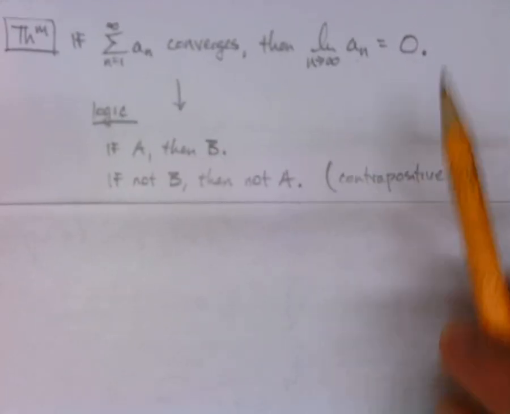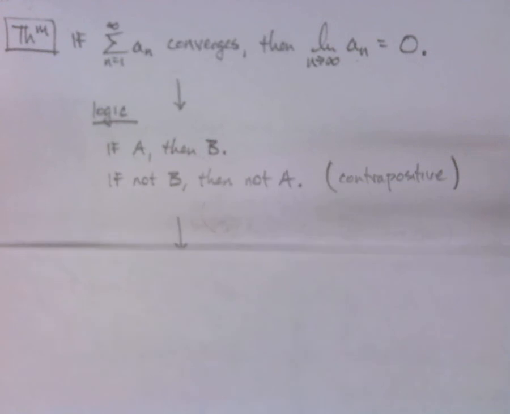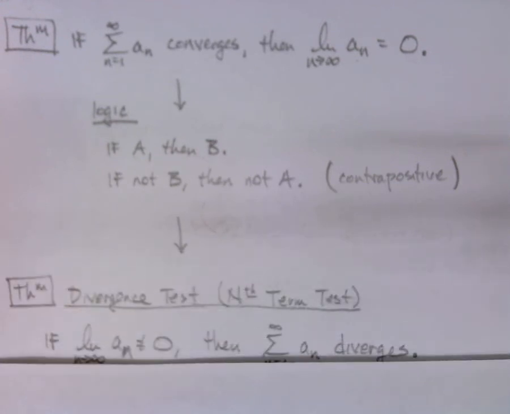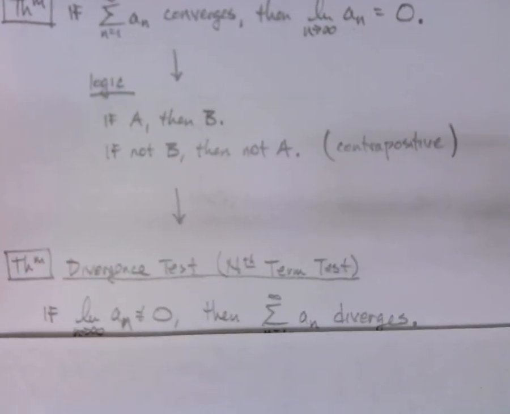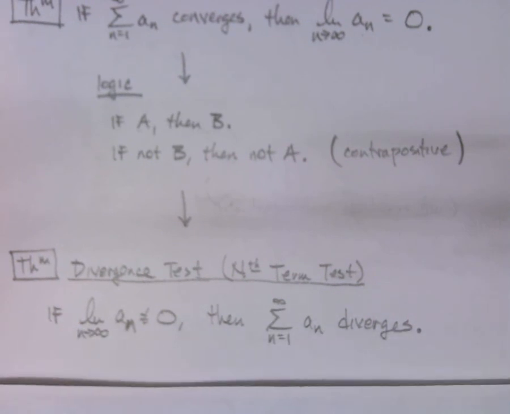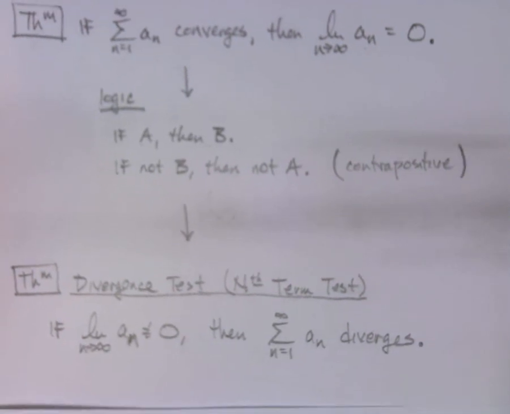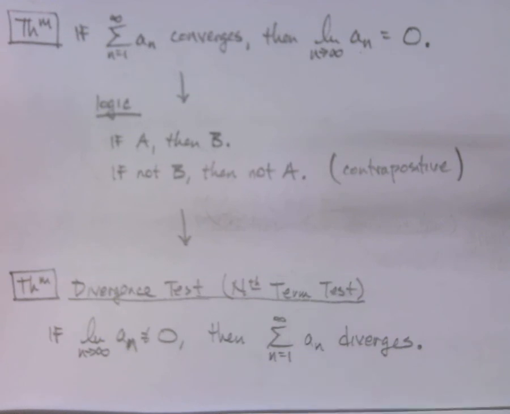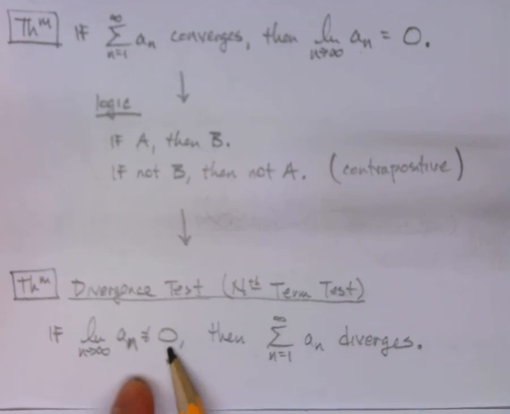So let's take the contrapositive of our theorem, and that'll be a new theorem. Actually, we're going to call it by a new name: the divergence test officially. Sometimes you hear it called the nth term test. Anyway, here's what it says.